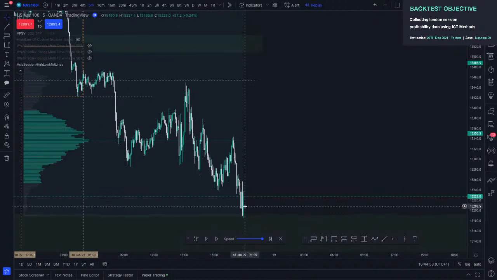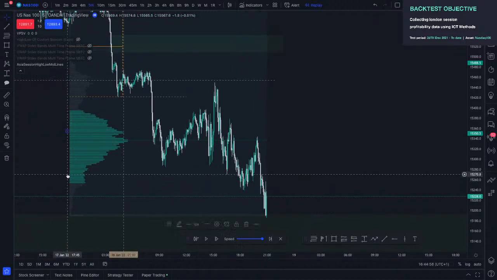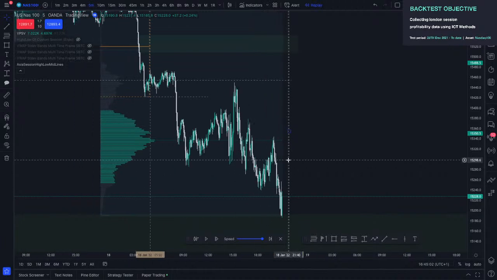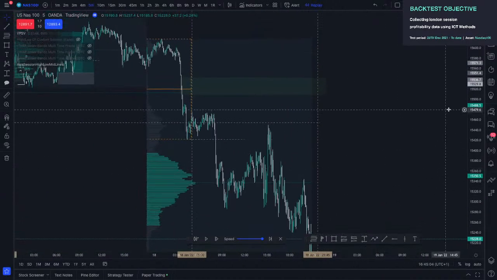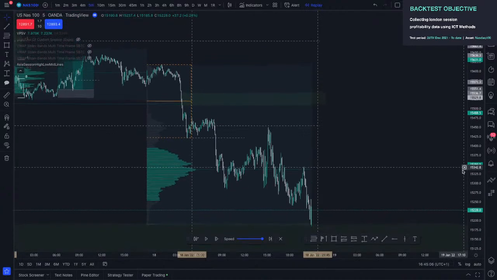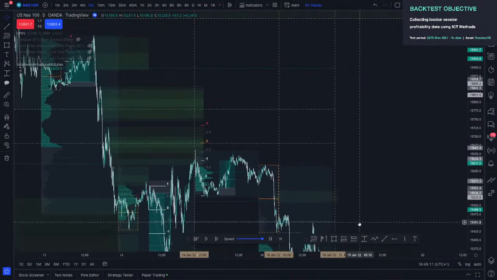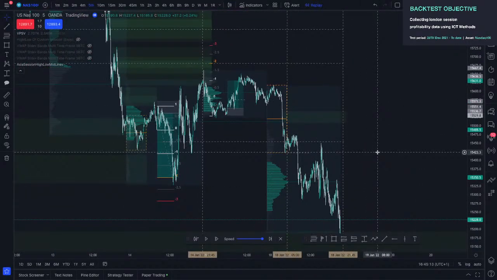Let me just put my 9:45 here. So this was a no trade for me. It's completely a trend day from Asia session. I think this is the day I was referring to when I was talking about ES earlier. I think this is it.